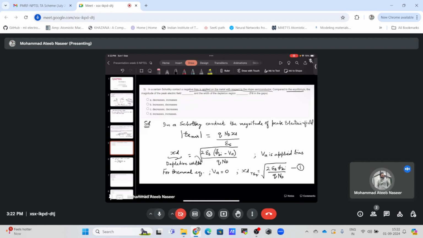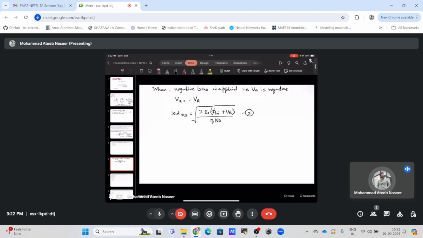You can clearly see the depletion width XT of reverse bias is greater than XT at thermal equilibrium, because there is an extra factor, plus VR. This VR is positive, since we have taken VA equal to minus VR.